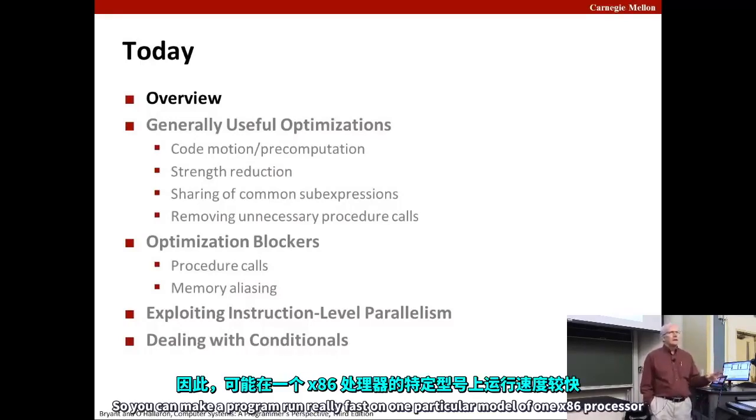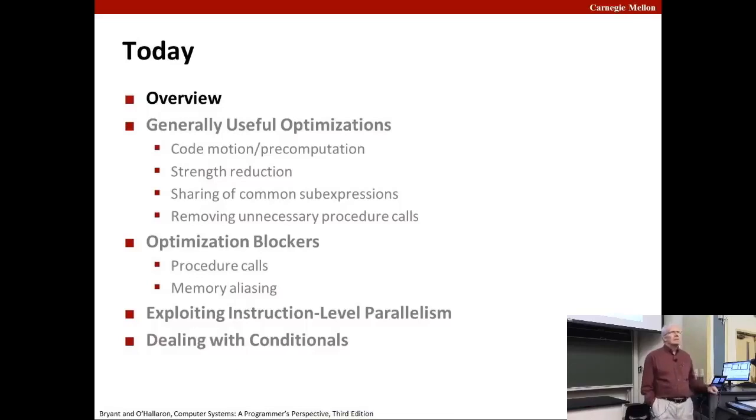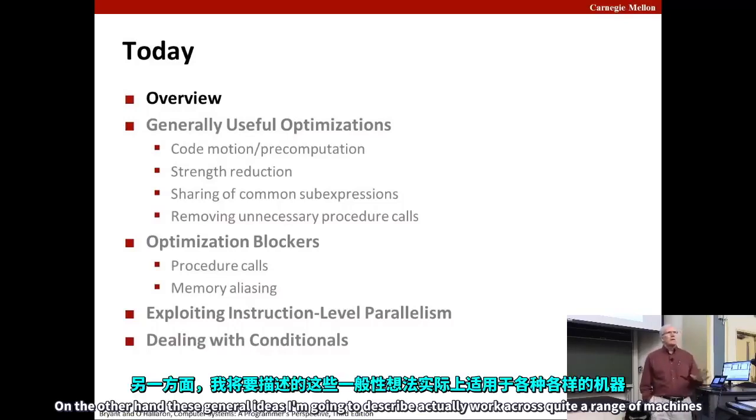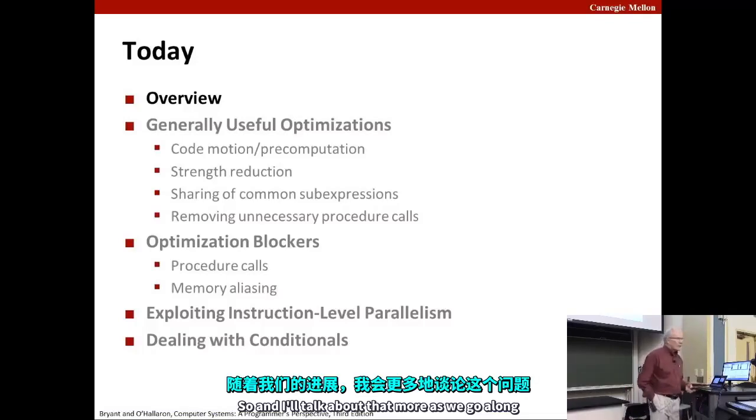You can make a program run really fast on one particular model of one x86 processor, but if you're trying too hard, you'll find your effort is wasted when you move it to another. On the other hand, these general ideas I'm going to describe actually work across quite a range of machines. I'll talk about that more as we go along.